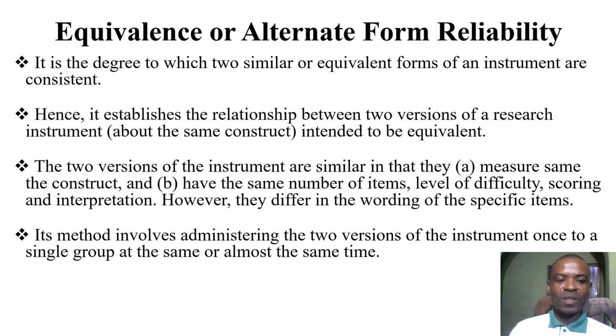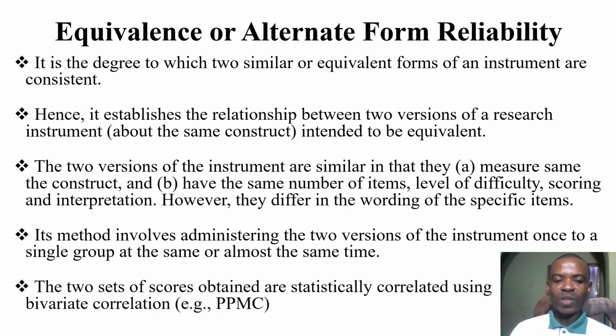Having done this, the method involved in administering the 2 versions of the instrument is to administer it once to a single group, but at the same or almost the same time. That means the 2 versions of the instrument can be administered to a group at the same time or just almost the same time, where a short time elapses between the first administration and the second administration.